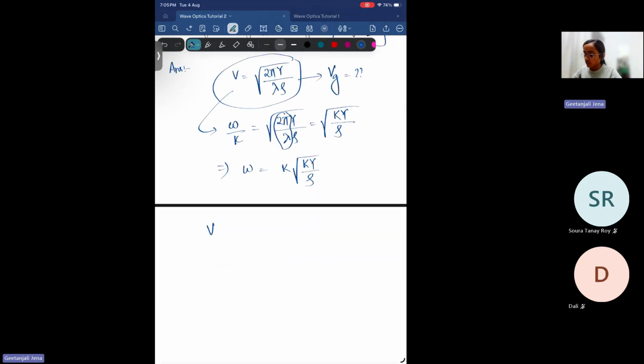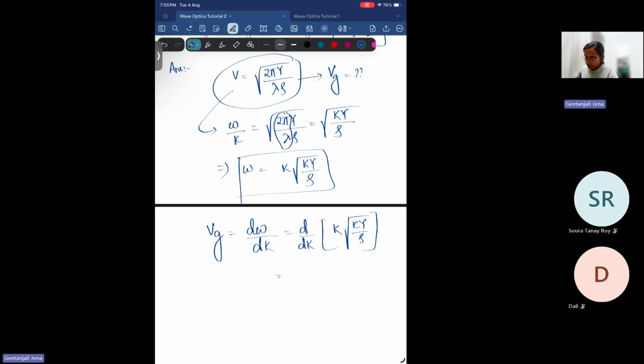And if we recall the group velocity, it is given by d omega over dk. So that is why we first find out the expression for omega in terms of k. After that, we can take the derivative. So that means this is d dk of k to the power 3 by 2 times square root of gamma by rho.